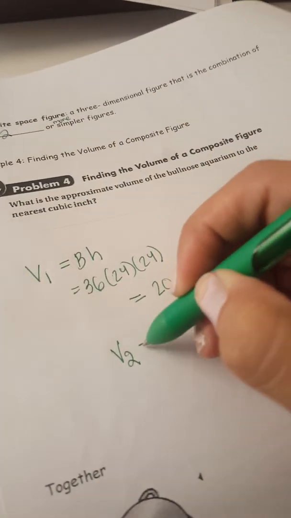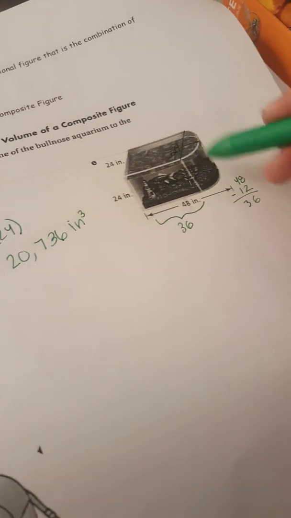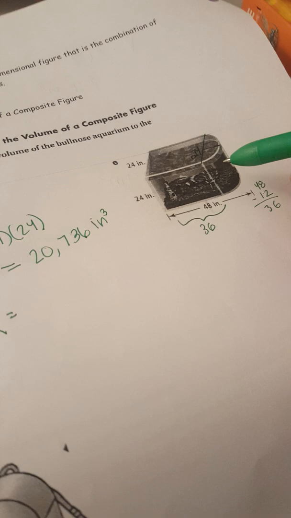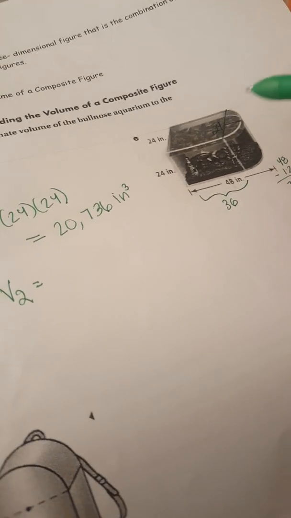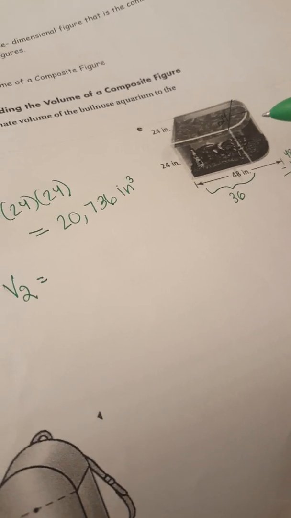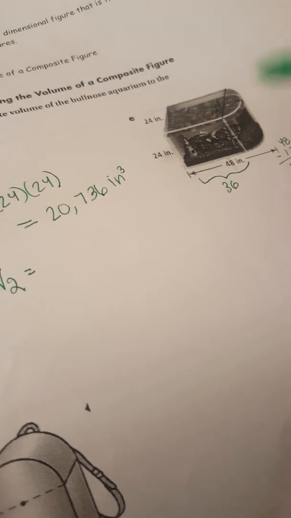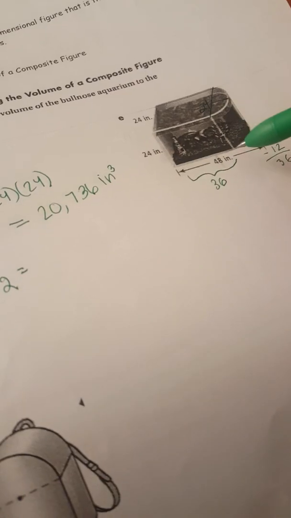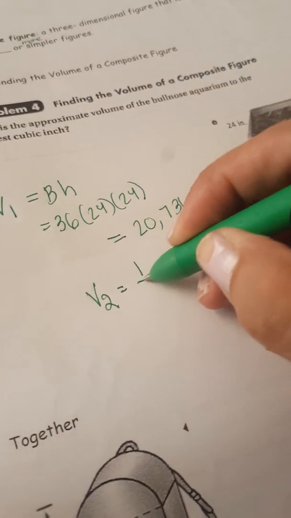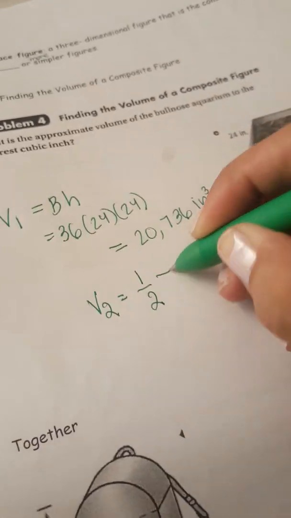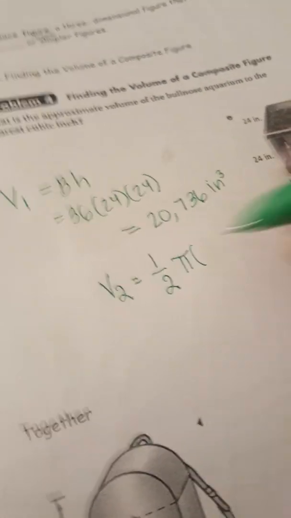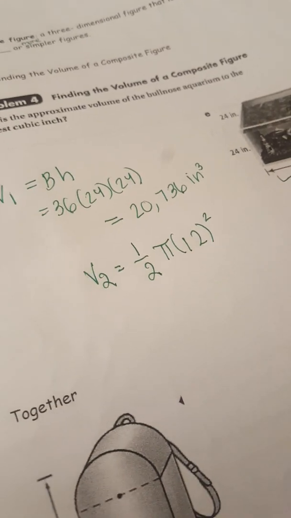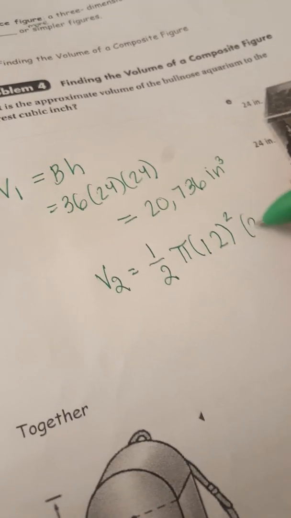Now we have to find the volume of the second part, which is half of the cylinder. Remember, to find the volume of a cylinder, it's the area of the circle times the height. Since we're only looking at half of the cylinder, I'm going to take half of pi times the radius, 12, squared, times the height, which is 24.